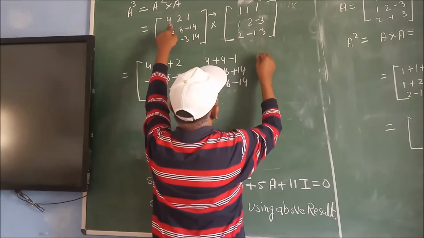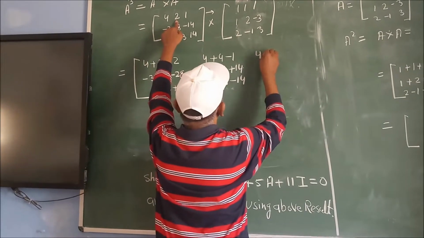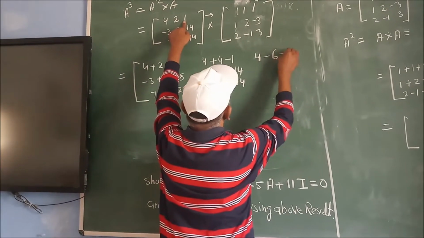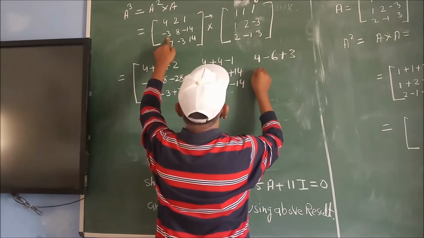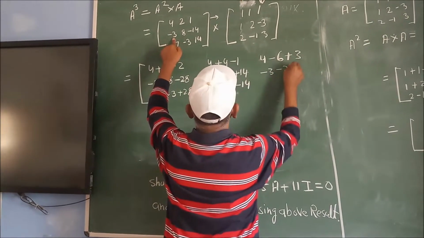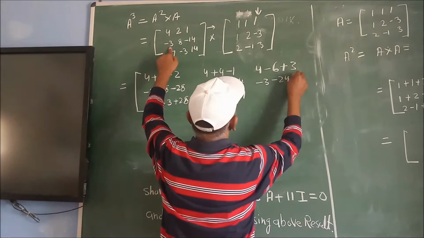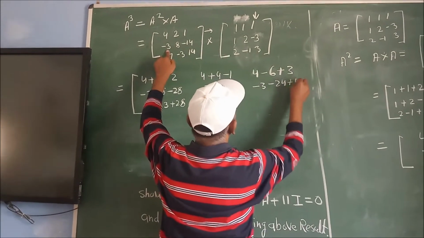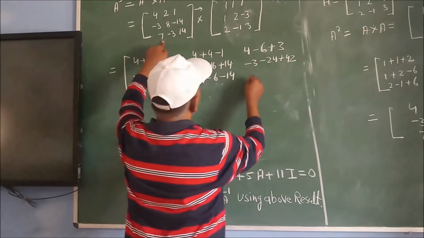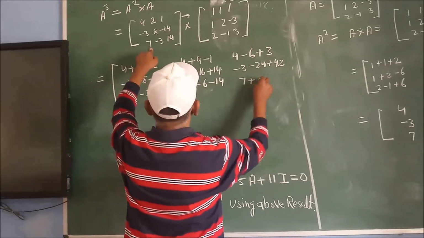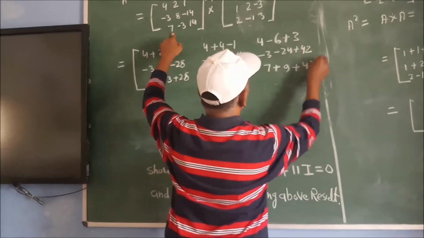So 4 into 1, 4; 3 into minus 2, 6; 1 into 3, plus 3. Again minus 3 minus 24 plus 42. After that 7 plus 9 plus 42.